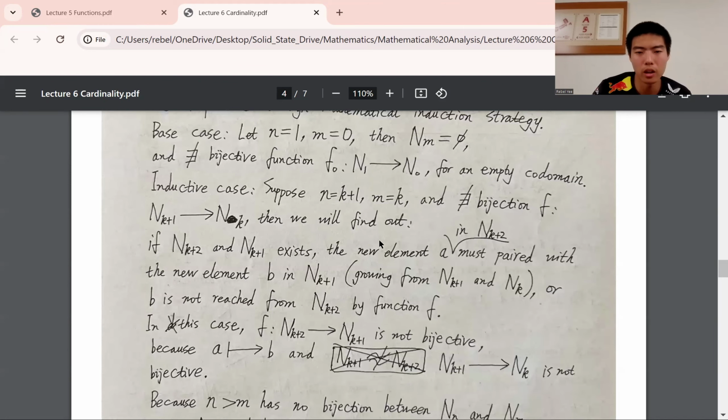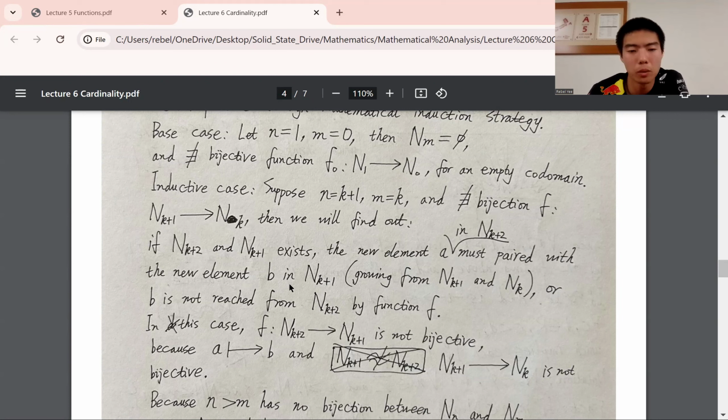And in the inductive step, we want n to be k plus 1 and m to be k. Here there is no bijection going from N_{k+1} to N_k, and we want to find out that N_{k+2} and N_{k+1} also don't have a bijection between them.